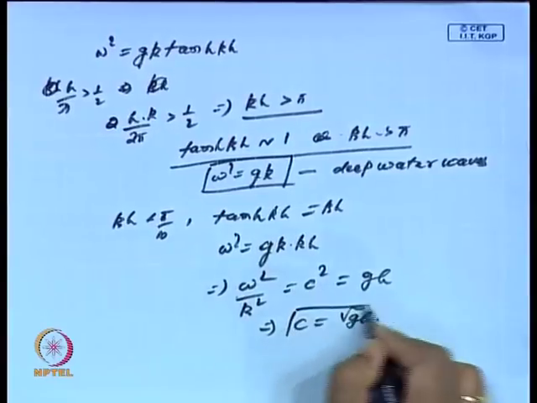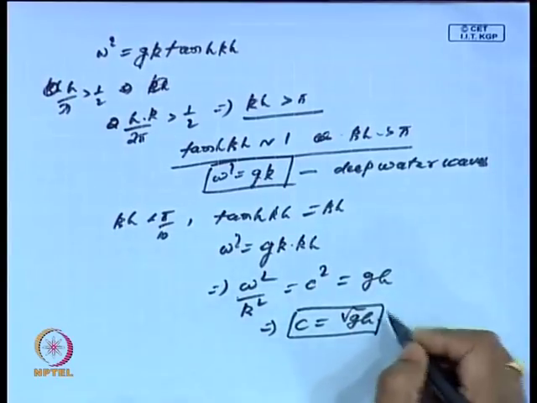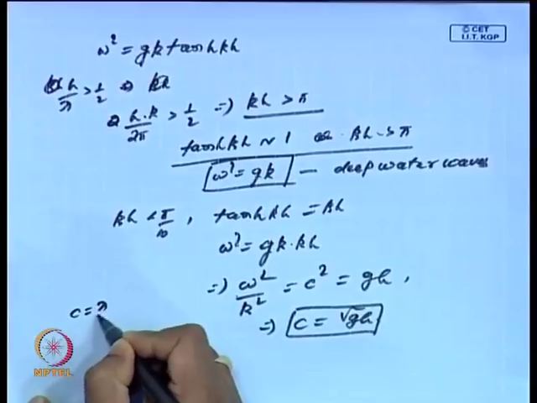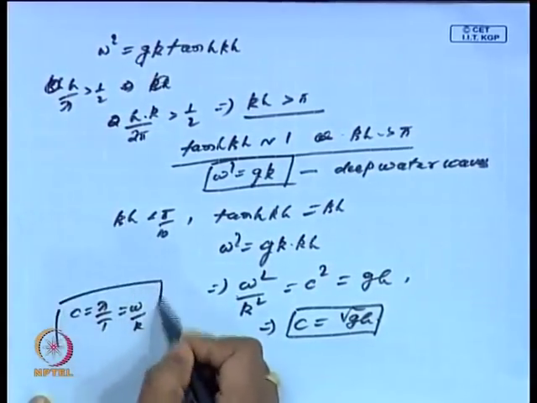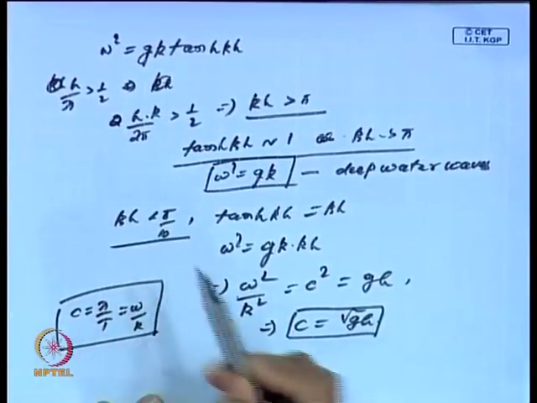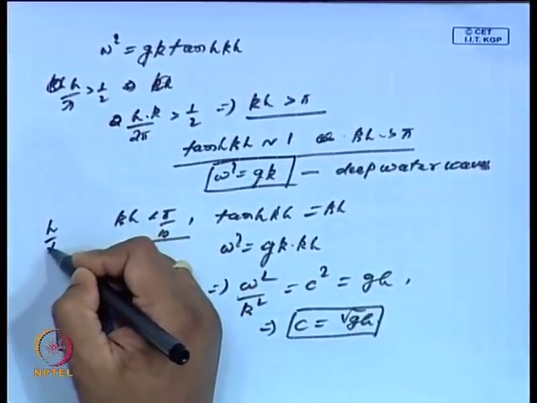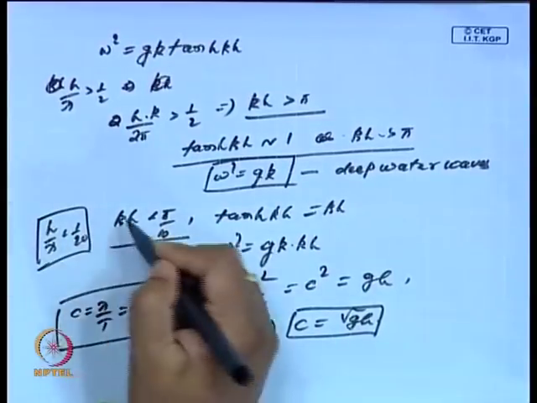This is another relation. Here c is the phase velocity; we have seen that c is equal to lambda by T, which is nothing but omega by k. This happens when kh is less than pi by 10, which is the same as h by lambda being less than 1 by 20.